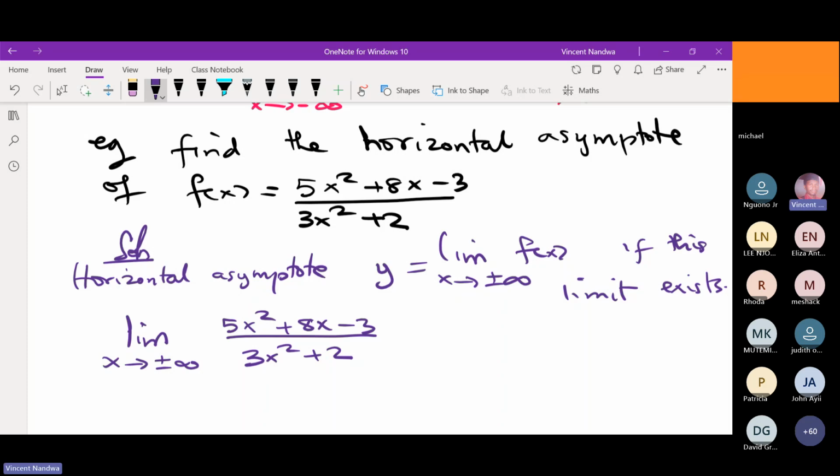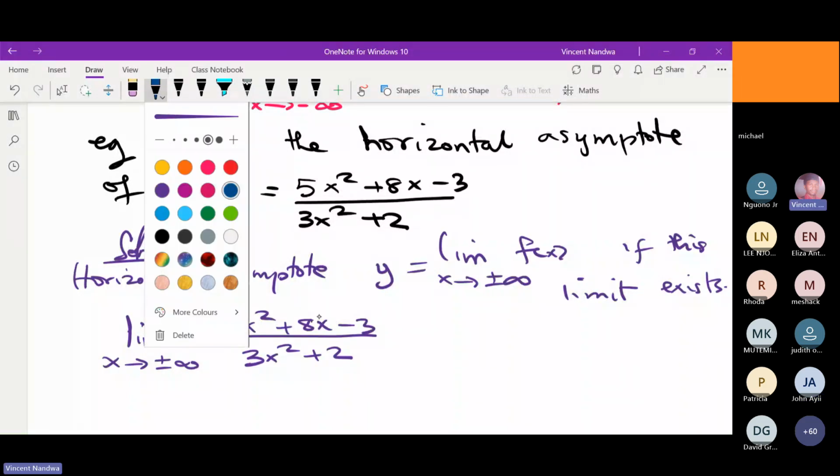And then we follow the procedure we have stated for finding limits as x approaches plus or minus infinity. You go to the denominator and identify the x with the highest power. Once we have identified that x, you divide each term in the numerator and denominator by it, and then use the normal properties of limits to compute the rest. So what is the highest power of x in the denominator? 3x squared, so x squared.